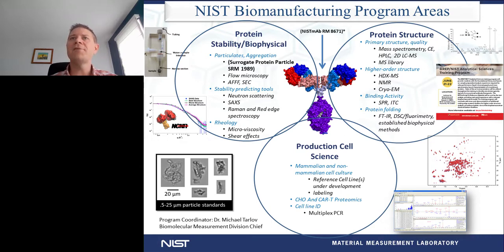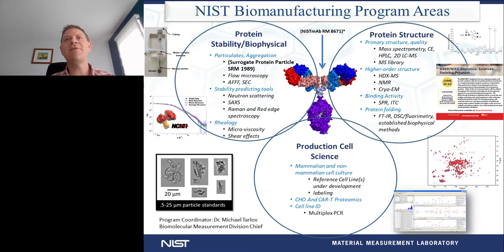The upper right-hand corner is where my lab spends the majority of our time. My lab actually looks at primary structure and quality of therapeutic proteins and other therapeutic modalities. So we predominantly use mass spectrometry, capillary electrophoresis, and HPLC to characterize things such as the primary structure, glycosylation, and other protein post-translational modifications.